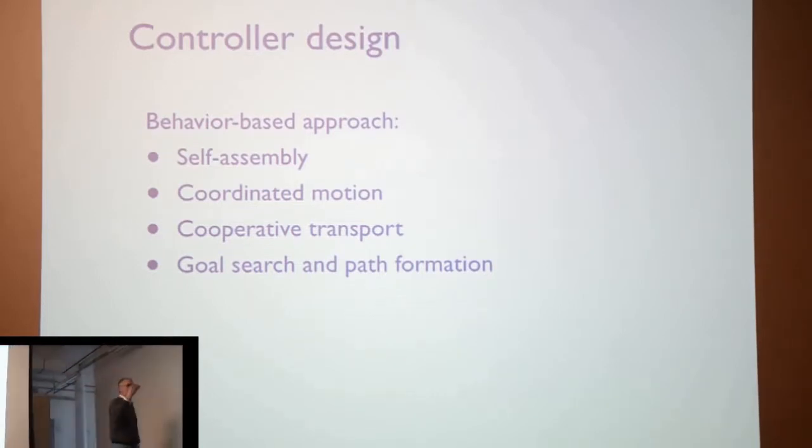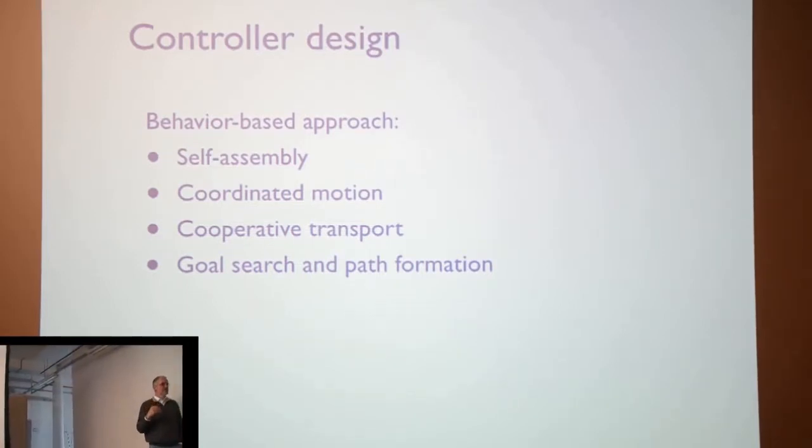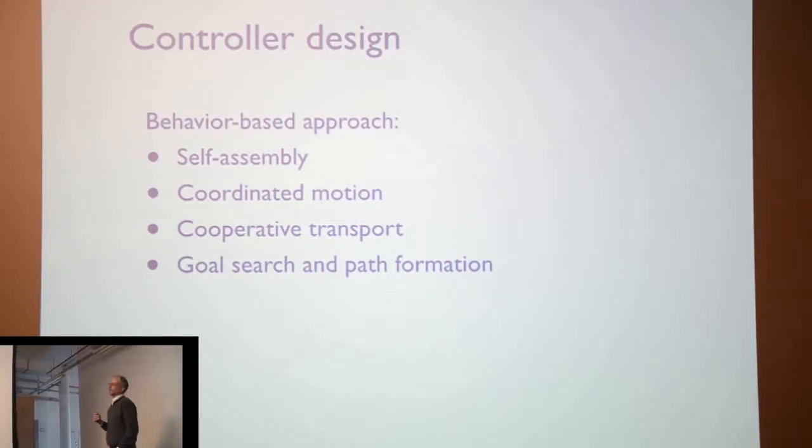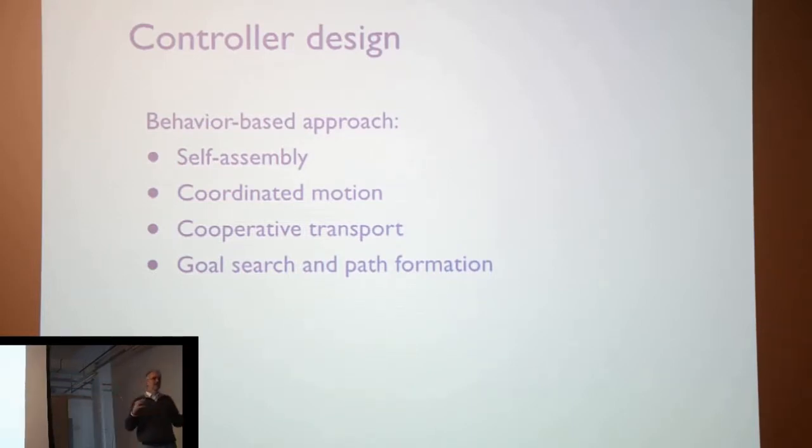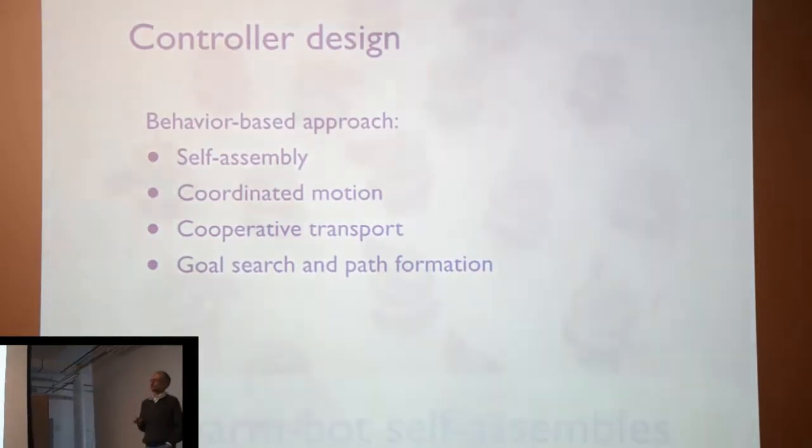Basically, the idea is that you identify a number of basic behaviors the robots have to have, then you implement the basic behaviors, and then you implement an arbitration system between the behaviors. And the behaviors that we identified are self-assembly, coordinated motion, cooperative transport, and goal search and path formation. So the names should already give you a hint of what they are intended to do.